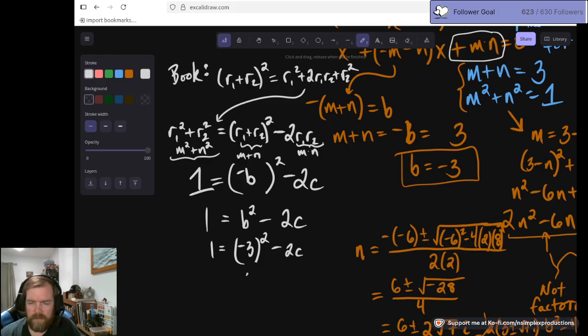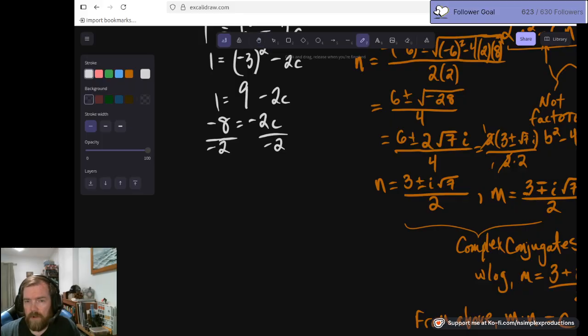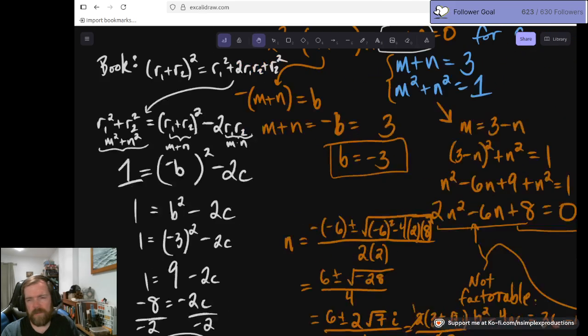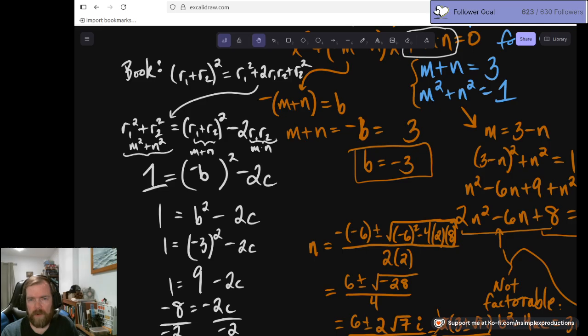This is 9. Right, subtract 8 from both sides. We get a negative 8 is equal to negative 2c. Divide by negative 2. And therefore, c is equal to 4. So yeah, way easier method if you can see the connection.